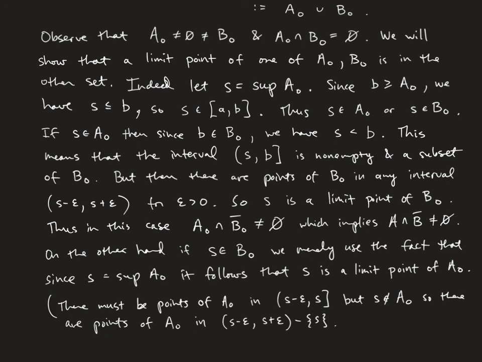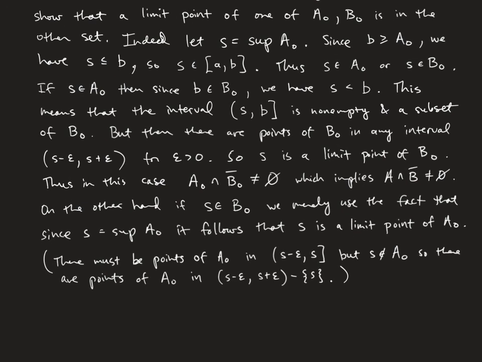So I'm just being necessarily pedantic about that. Okay, so in this case, we have that A naught bar intersect B naught is not the empty set, so A bar intersect B is not the empty set. And this completes the proof.